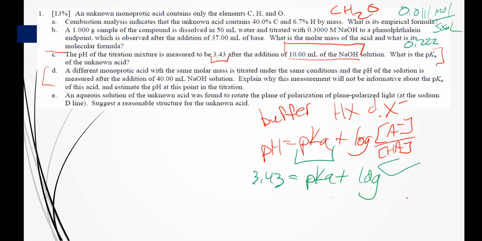We could put that in as its HA. But there's a problem. That would be our starting amount of our acid.